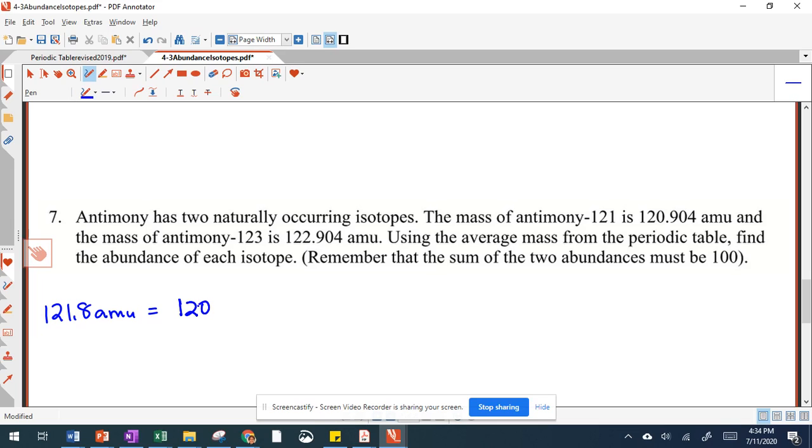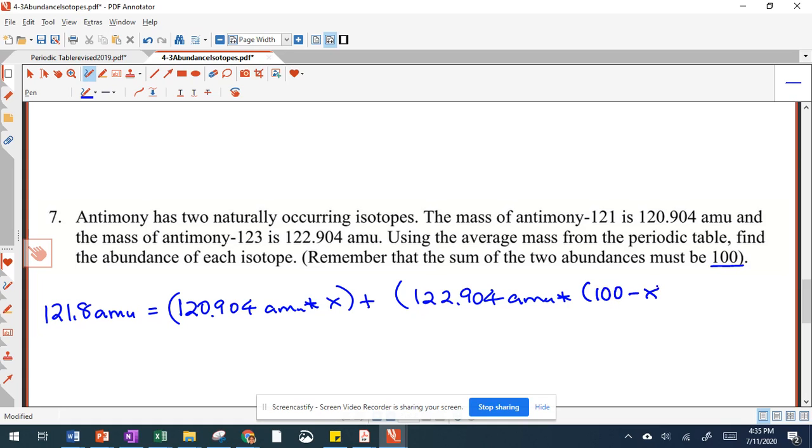The first one is 120.904 AMUs, and we're going to say that the percent abundance of this one is X. And then we're going to add that to 122.904 AMUs. Since these have to add up to 100, the second one is 100 minus X. Now, we're going to divide this by 100.